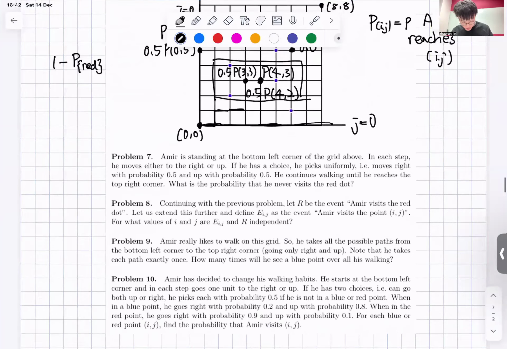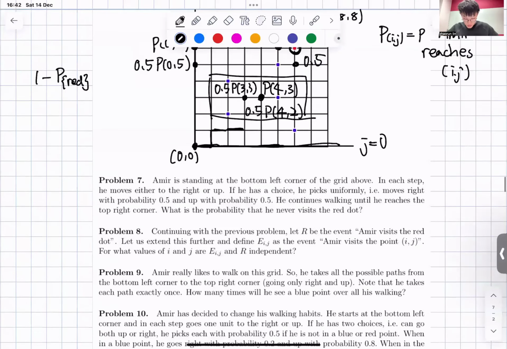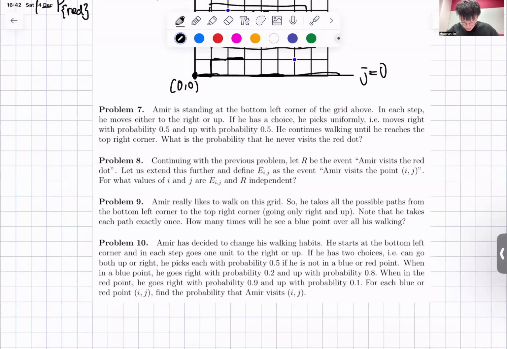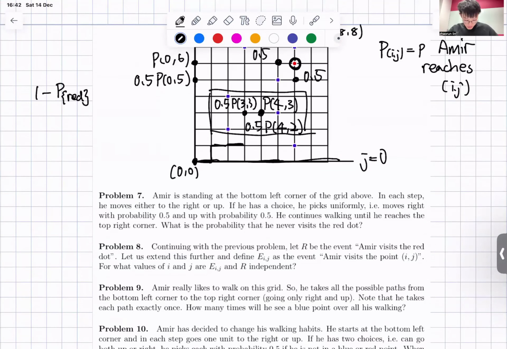And for problem 8, consider the same grid. R is the event that Amir visits the red dot, and we have Eij to be the event that Amir visits point i, j, so any i and j. For what values of i and j are Eij and R independent?